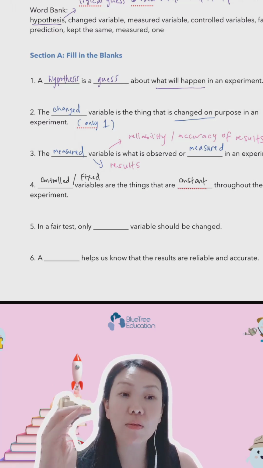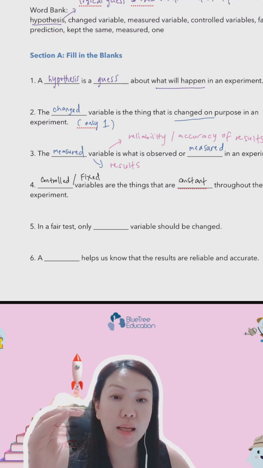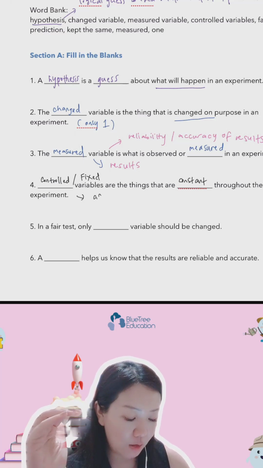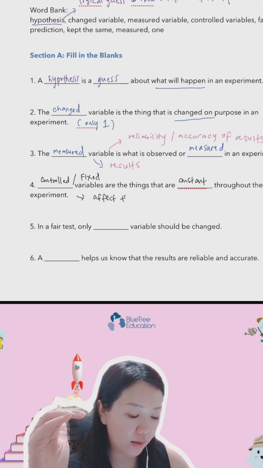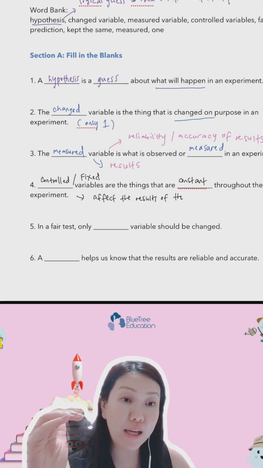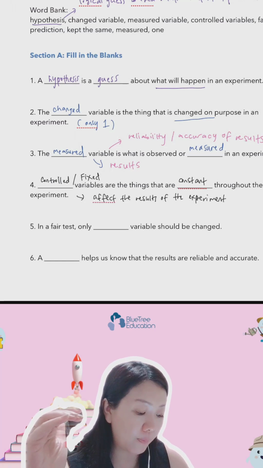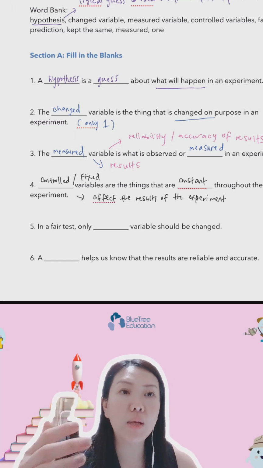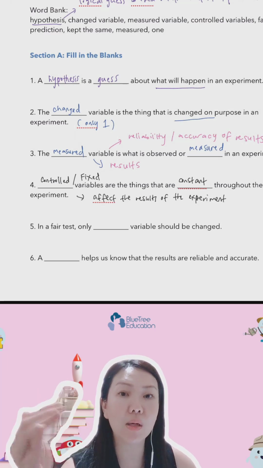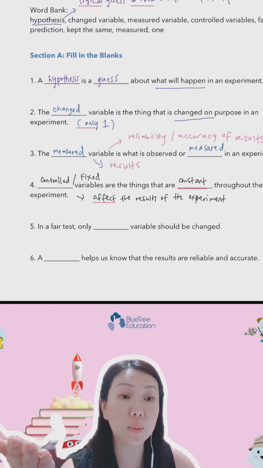Now the fixed variables, you have to make sure that they are constant because ultimately, they can affect the results of your experiment. And because they can affect the results of your experiment, you must make sure that you fix them. If not, later on, you cannot say that the results are really solely due to the change variable.